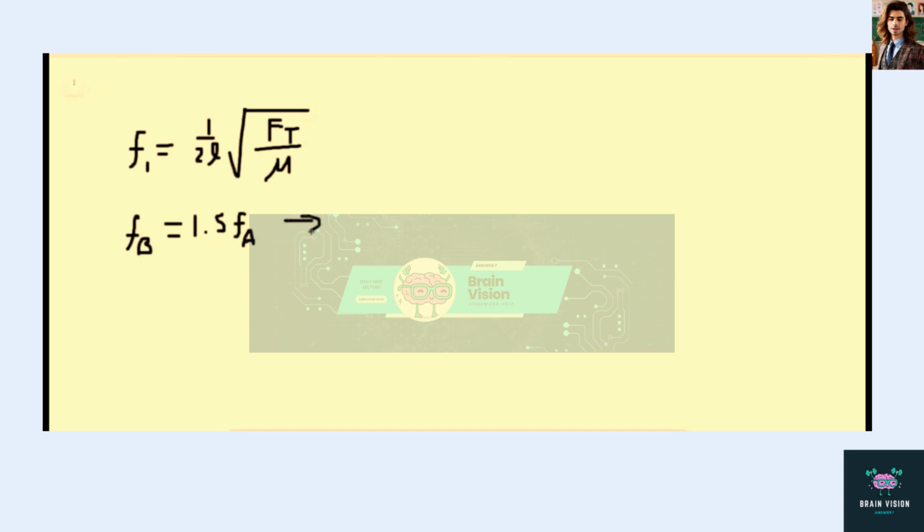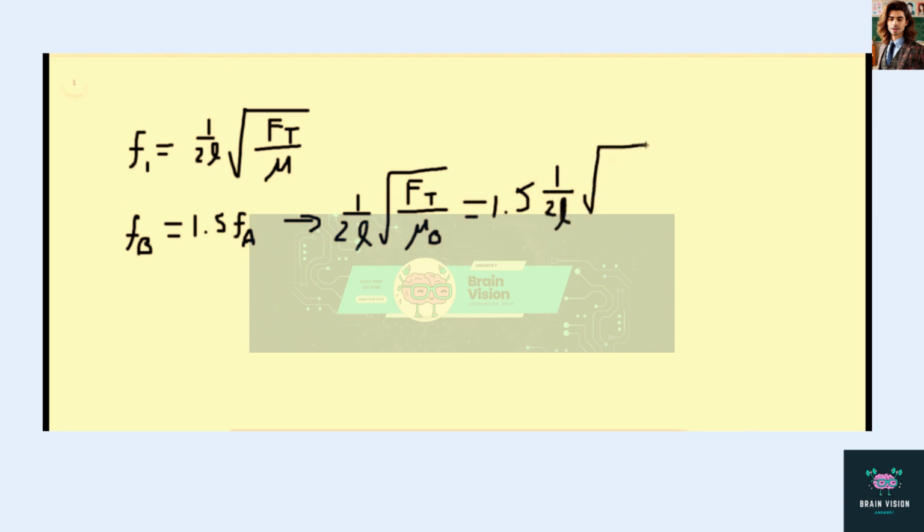So we can rewrite this as Fb, which is 1 over 2L times the square root of Ft, because L is the same and the force of the tension is the same in these two cases, right? But this is mu b. So that's one side of the equation. And the other side is 1.5 times 1 over 2L times the square root of Ft, and this time it's mu a.